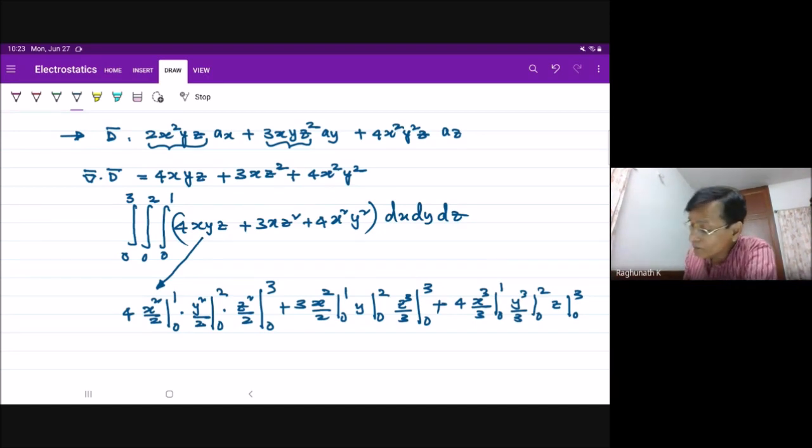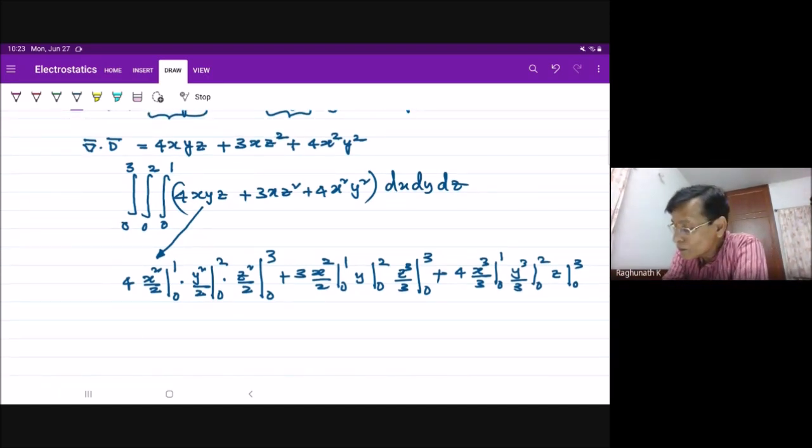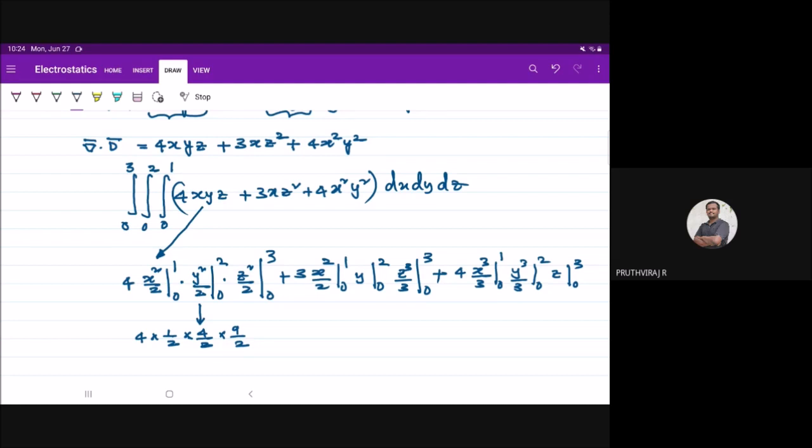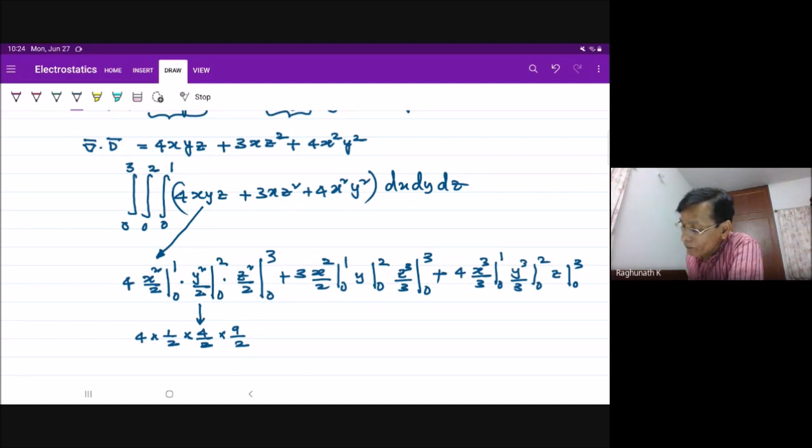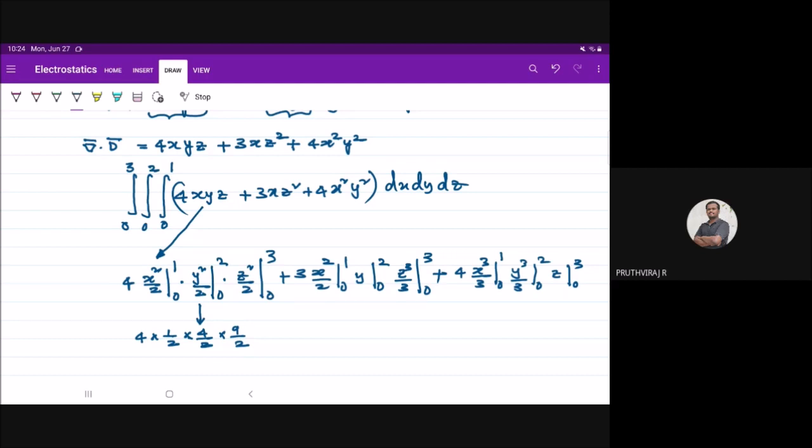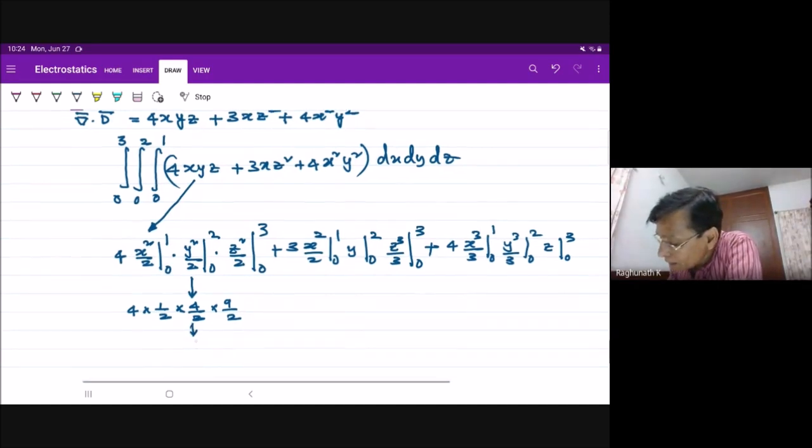What is the value of it? What is the first integral value? 4 into 1 by 2 into 4 by 2 into 9 by 2. That is 18. So 4 times that, 18.